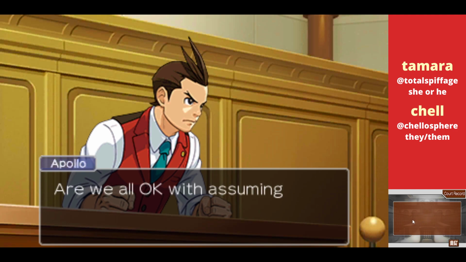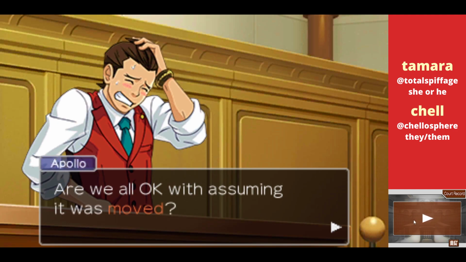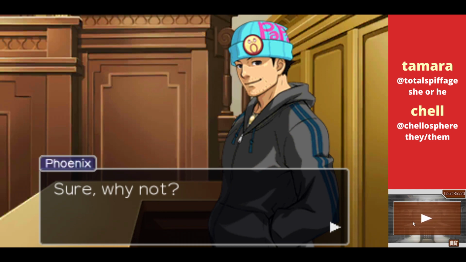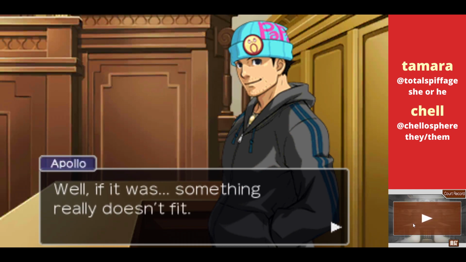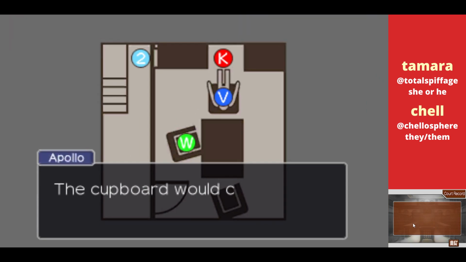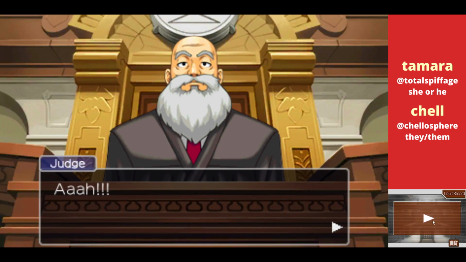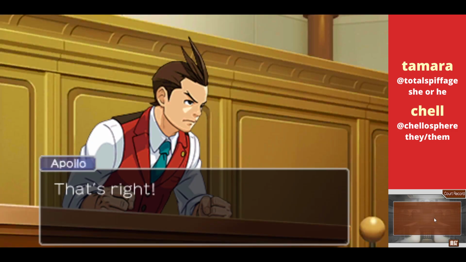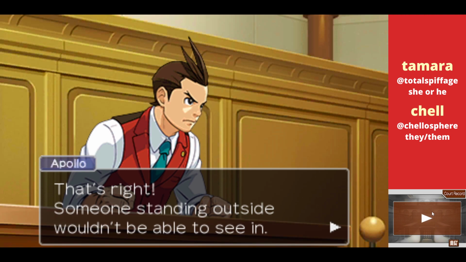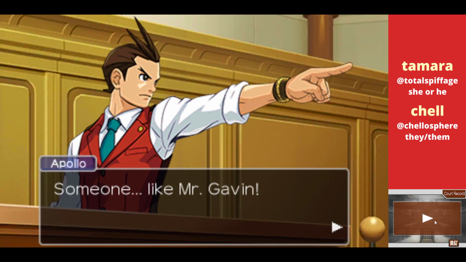Are we all okay with assuming that it was moved? Sure, why not? Well, if it was, something really doesn't fit. The cupboard would completely cover up the window to the stairs. Oh! That's right! Someone standing outside wouldn't be able to see in. Someone like Mr. Gavin!